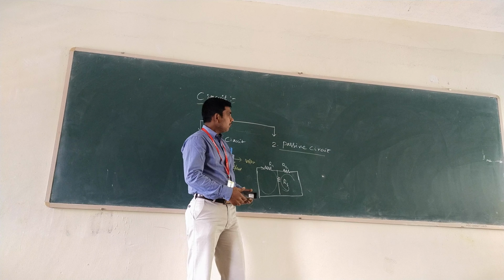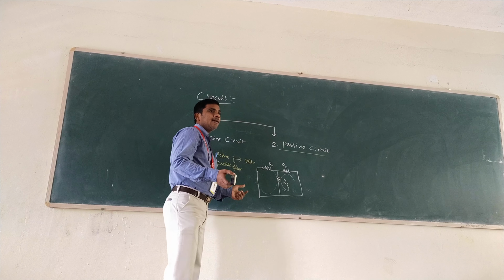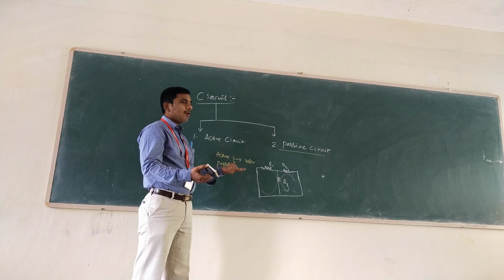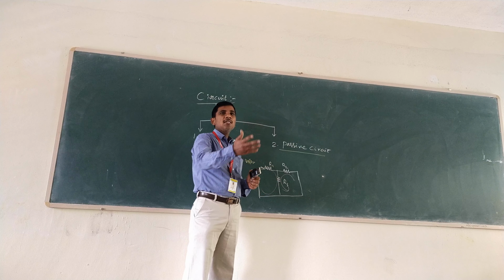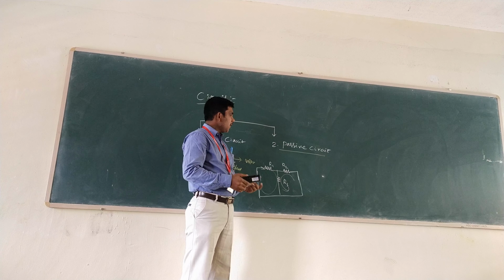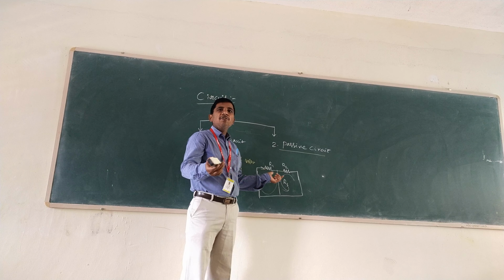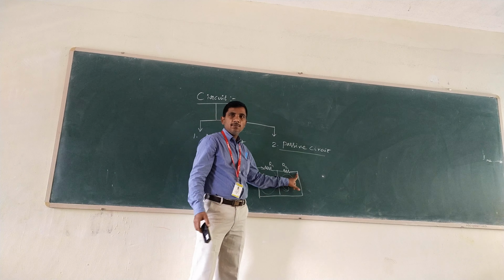In the previous class, we calculated effective resistance for different networks and circuits, and how to calculate equivalent resistance. We will discuss that more, how to reduce the network into one equivalent resistance. But a circuit may be a part of a network. A network is the interconnection of various circuits.